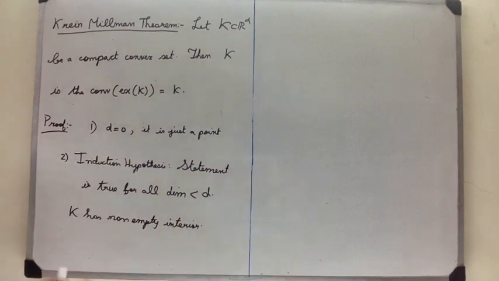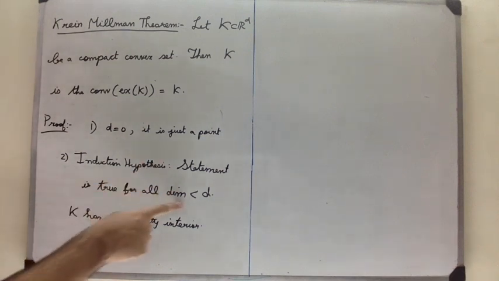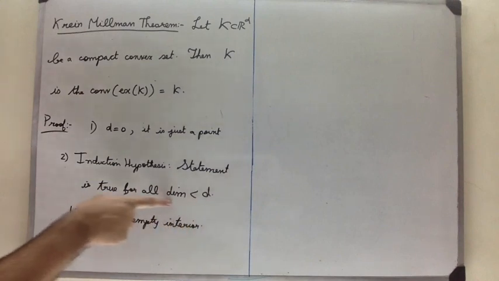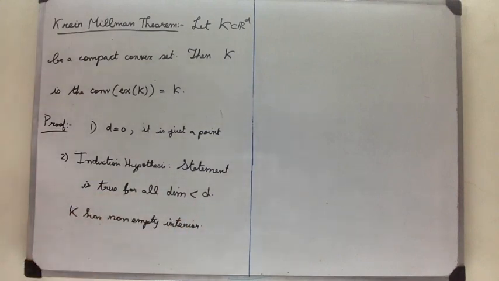This is because if K had an empty interior, then we had already proved a theorem in our first video that you could always go to an affine subspace of strictly lower dimension where K has a non-empty interior. Then by our induction hypothesis, since the statement is true for all dimensions less than d, we are done with this case of empty interior.